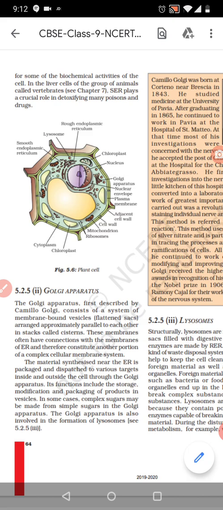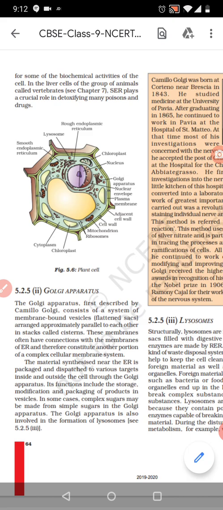Smooth endoplasmic reticulum does not have a rough surface. Ribosomes are not present in it, but it synthesizes fats, it synthesizes lipids, right, children? So RER synthesizes protein, SER synthesizes lipids, or you can say fats.